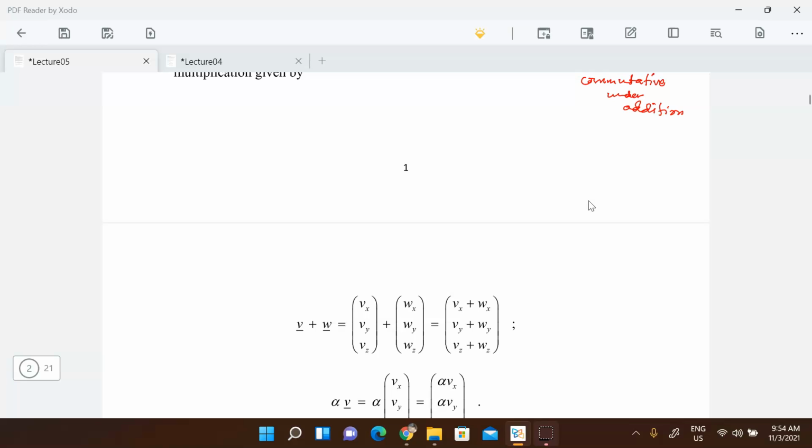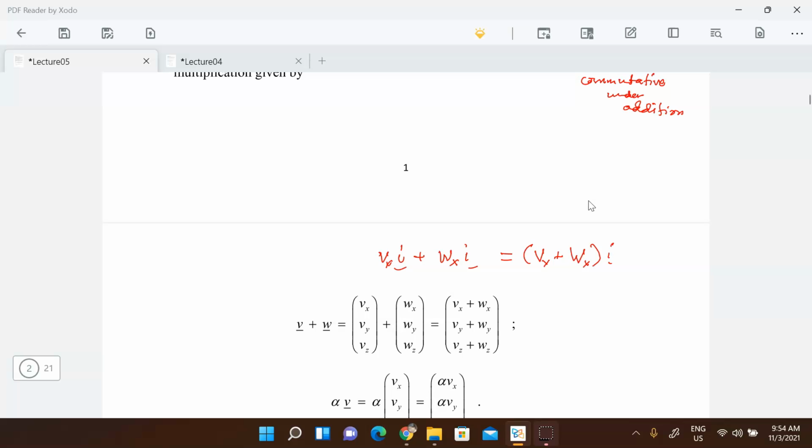It's just saying that the components add up, just like Vx plus Wx, then you simply have Vx plus Wx, and they are all pointing in the same direction. So you get this. The same thing holds for the second component, third component and so on.